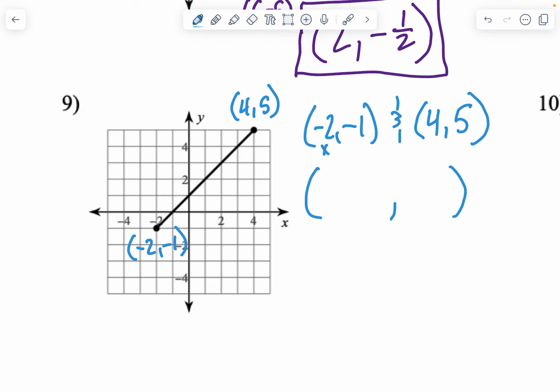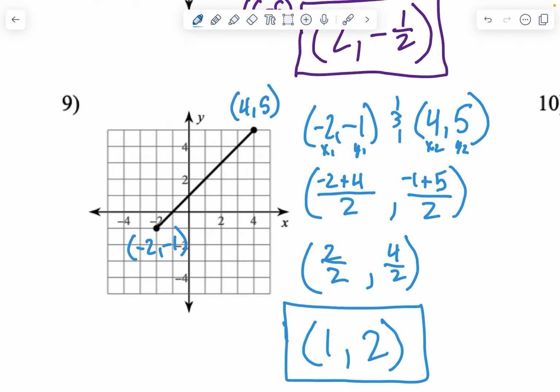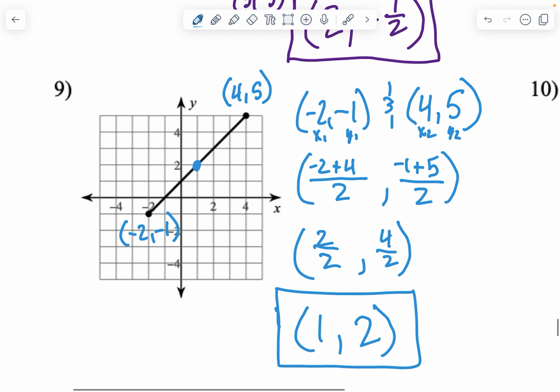Okay, and then let's label this out again, and I might have forgotten to do that on the last one, that's fine. -2 plus 4 over 2, x1 plus x2, and then y1, -1 plus y2, 5 over 2. So -2 plus 4 is 2 over 2, then -1 plus 5 is 4 over 2. 2 divided by 2 is 1. 4 divided by 2 is 2. My midpoint is going to be 1, 2. And let's check it real quick. 1, 2. Sweet. That looks like it is in the middle between those two endpoints.